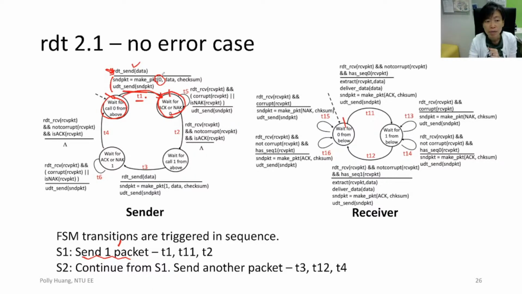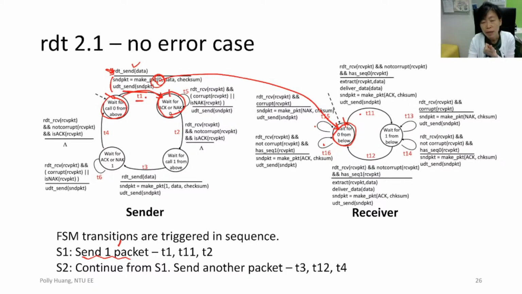So the result of T1 is there's a packet being generated, isn't it? And that's going to arrive at the receiver side. The receiver side is currently here. So this is going to be the starting state of the next transition being triggered. And it's receiving a packet from below. So let's see, what are the possible transitions? 1, 2, 3, because all 3 of them start from the state here.